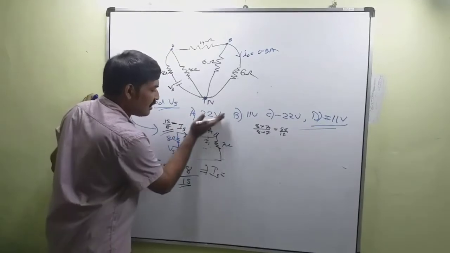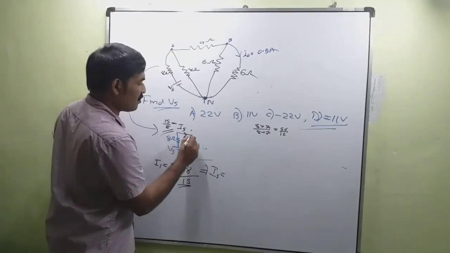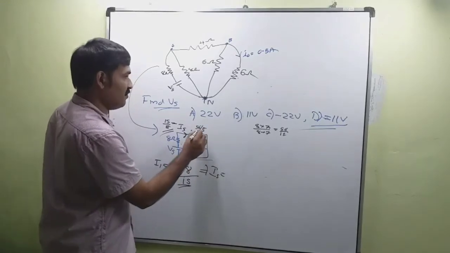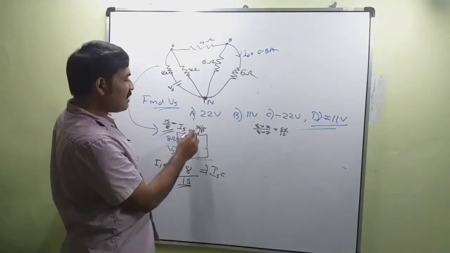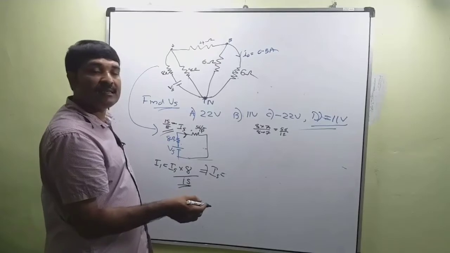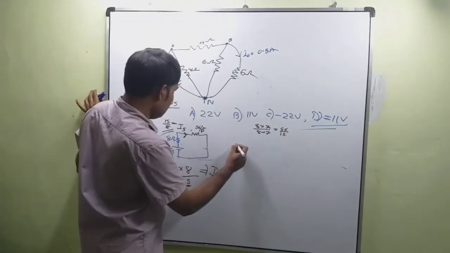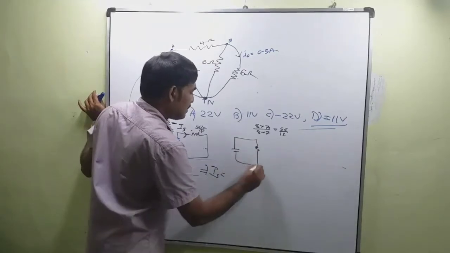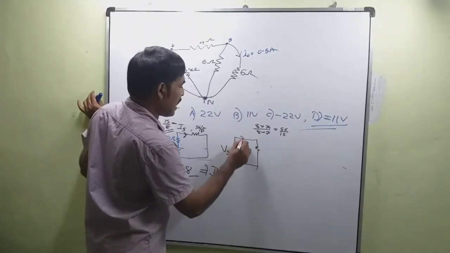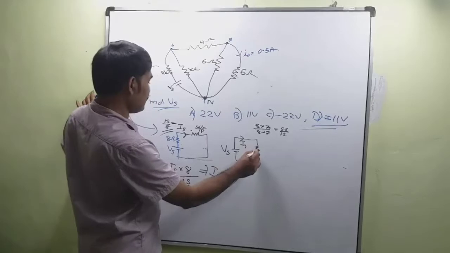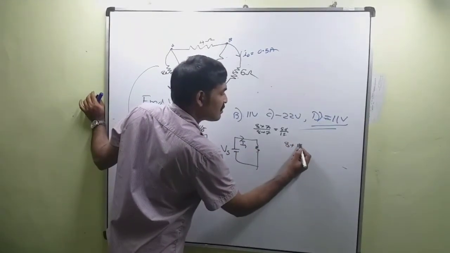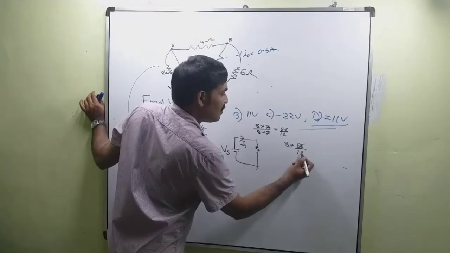So the circuit is again reduced to 56 divided by 15. Now 8 and 56 by 15 are in series. So the circuit is again simplified to a single voltage source Vs, current IS, and the value of this resistance is 8 + 56 by 15.